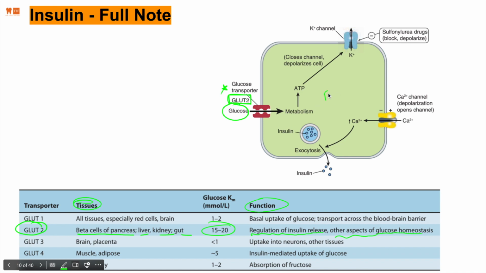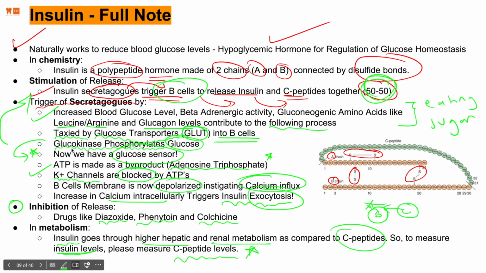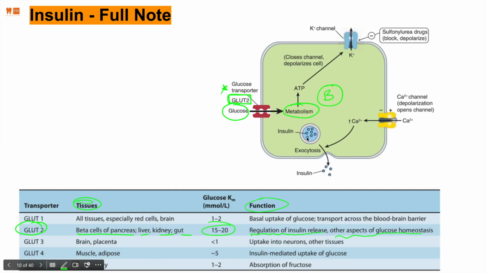Glucose goes into beta cells. Firstly, it metabolizes using this process here. Glucokinase phosphorylation. That's what happens here. Glucokinase phosphorylation. ATP is produced as a byproduct. ATP closes the potassium channels and depolarizes the cell. Right?